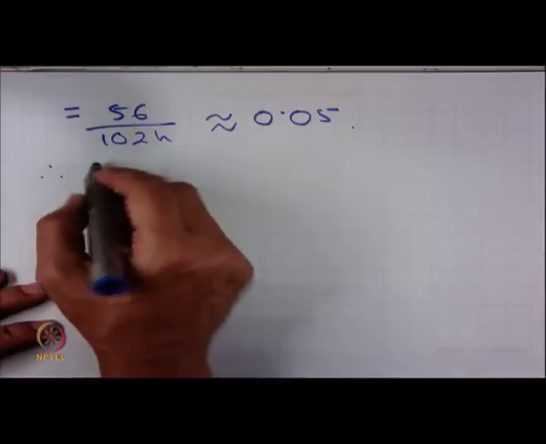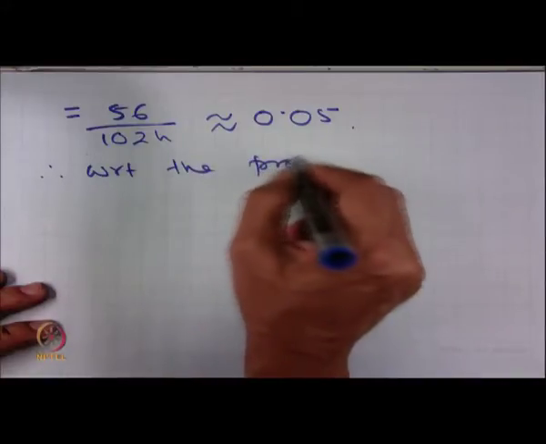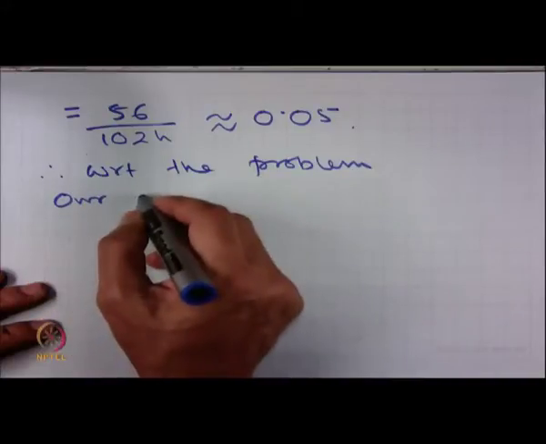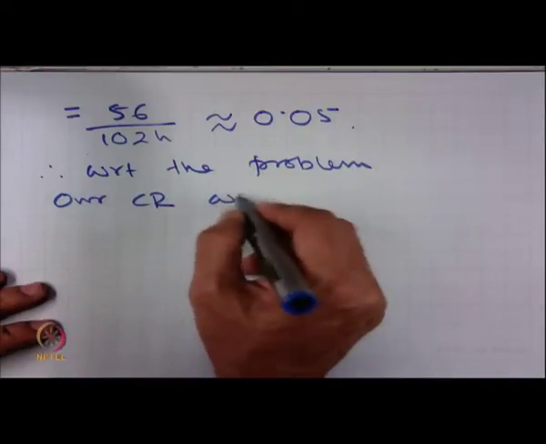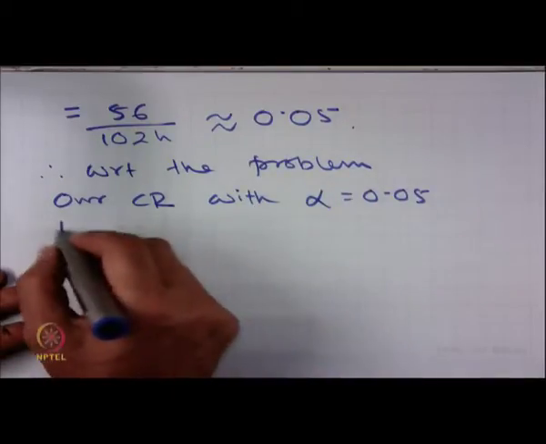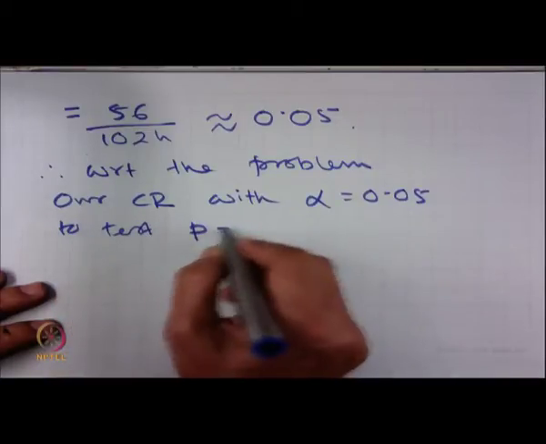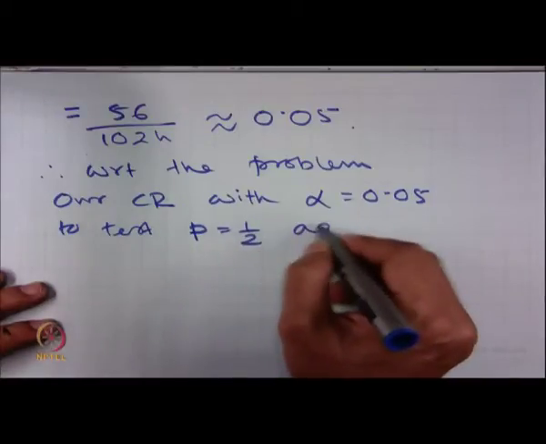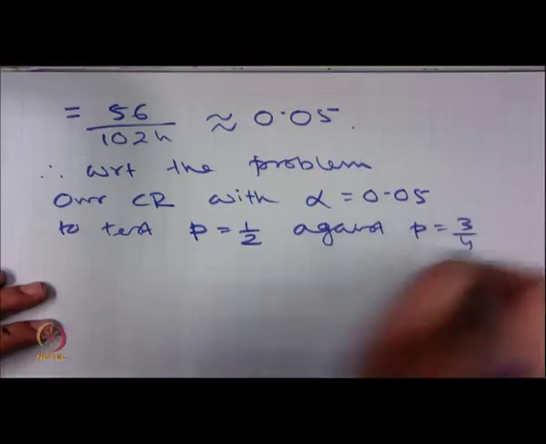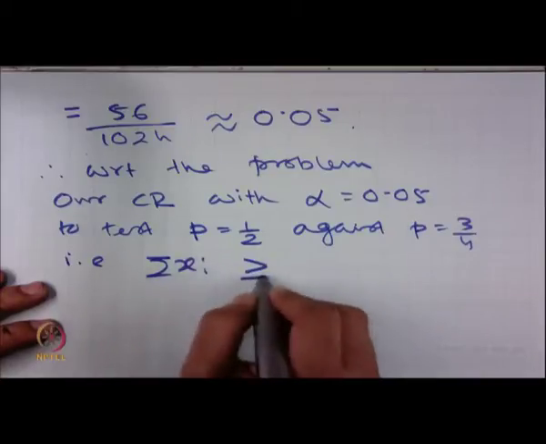Therefore, with respect to the problem, our critical region with alpha equal to 0.05 to test p equal to half against p equal to 3/4 is sigma xi greater than or equal to 8.